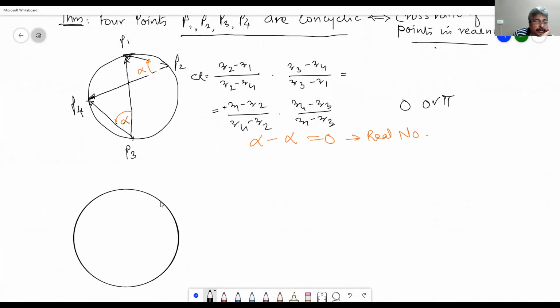And we have P2 here, P3 here, P4 here, P1 here. Now P1 and P4 are on opposite sides. So here P2P4 was becoming P2P1. So P2P4 is becoming P2P1, and let this angle be in this direction.